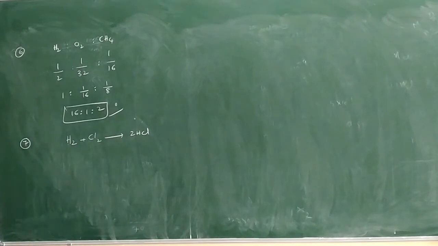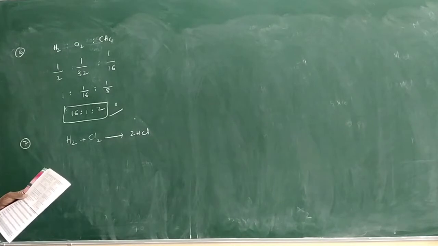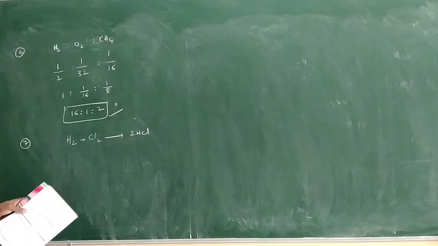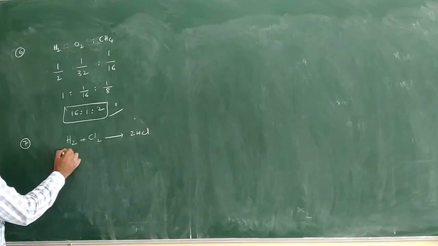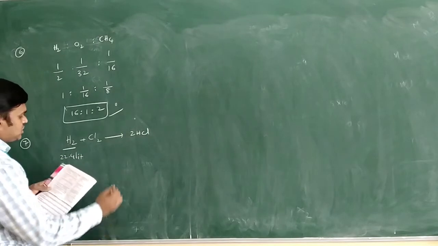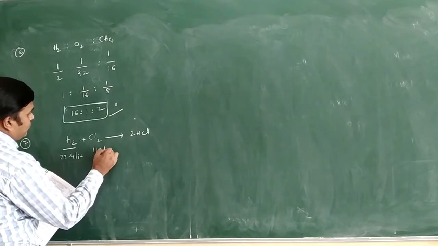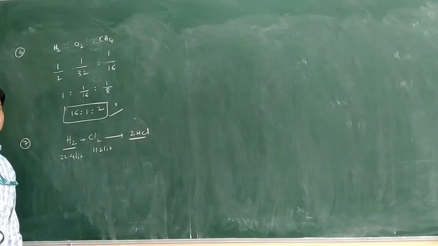Okay, this is a balanced equation only. 22.4 liter of H2 mixed with 11.2 liter of Cl2. Okay, 22.4 liter, this is how much is given? This is 11.2 liter. They ask here how many moles of HCl can be formed in the reaction.